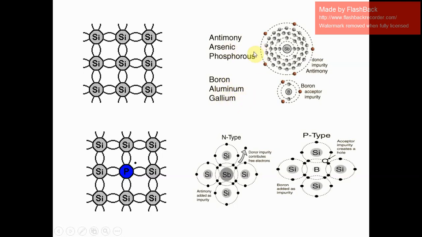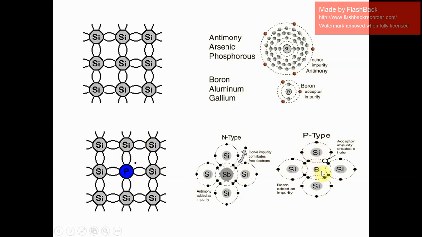So when antimony, arsenic and phosphorus are doped in silicon, there will be one extra electron. You can say this is the N type, and that is shown here where Sb, antimony, is doped.